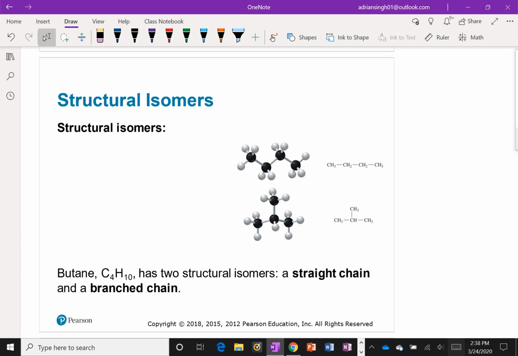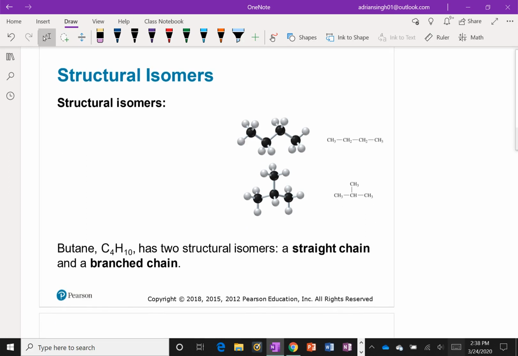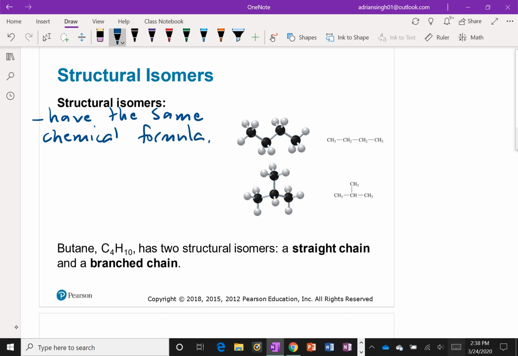Now, it may seem like a complicated term, but really what structural isomers are is that structural isomers have the same chemical formula but different structures.